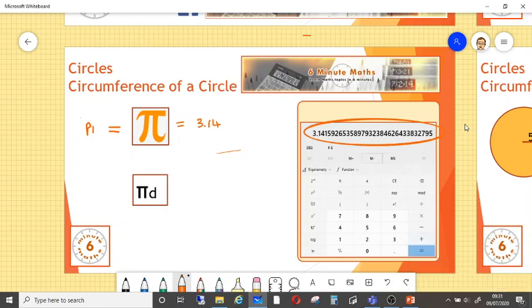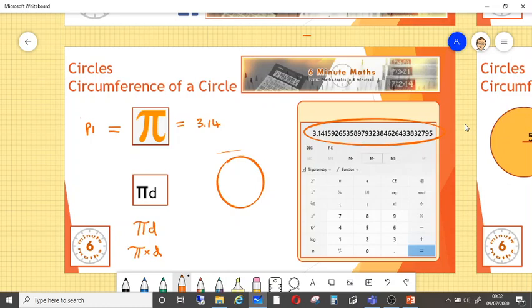So the formula that we use to calculate the circumference of a circle is pi d. And d stands for diameter. So what that means is pi times the diameter. Whatever the value for pi is, times the diameter.